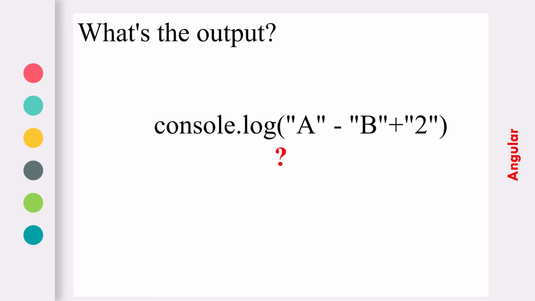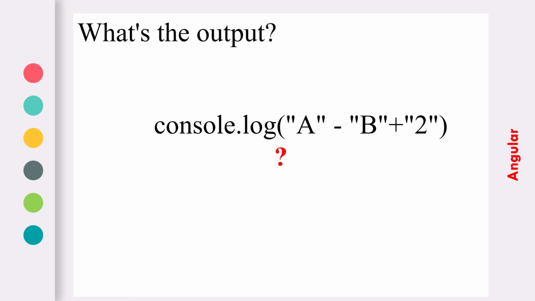So what's the output of this console.log("A" - "B" + "2")? In this the first two operands, string A and string B, are strings as we see it. The negative operator is not valid for strings.